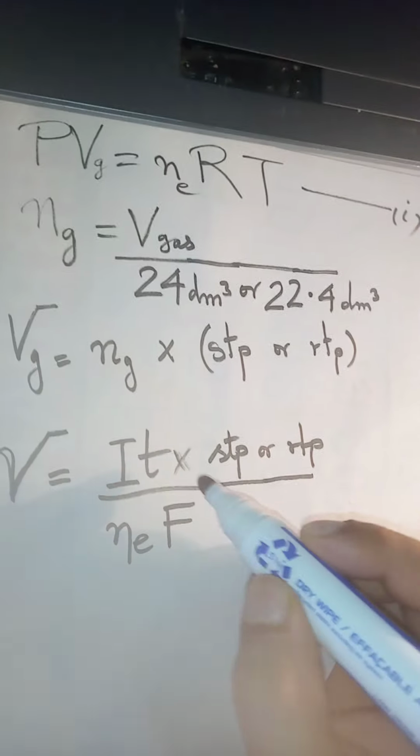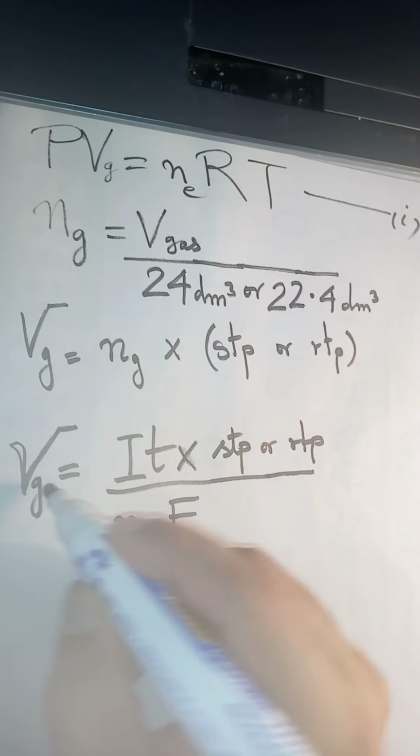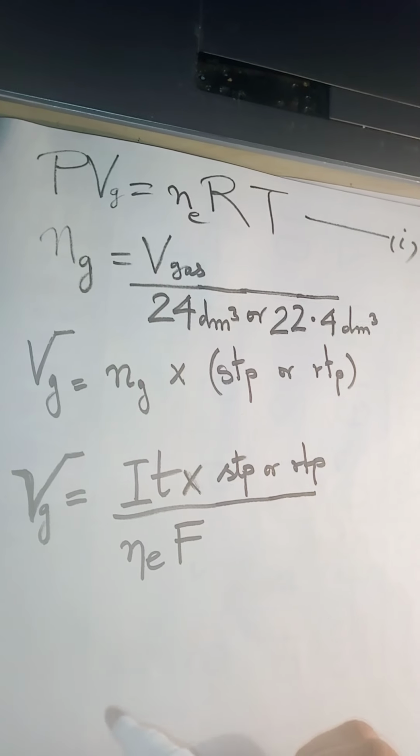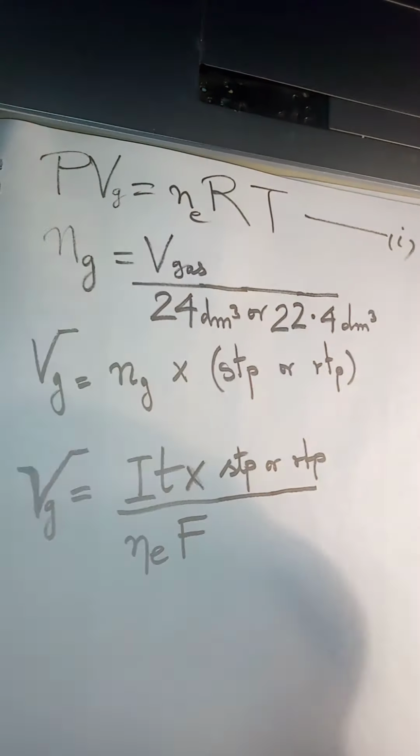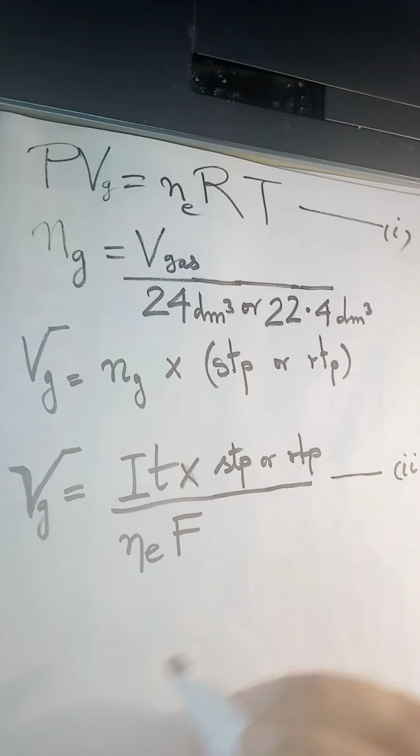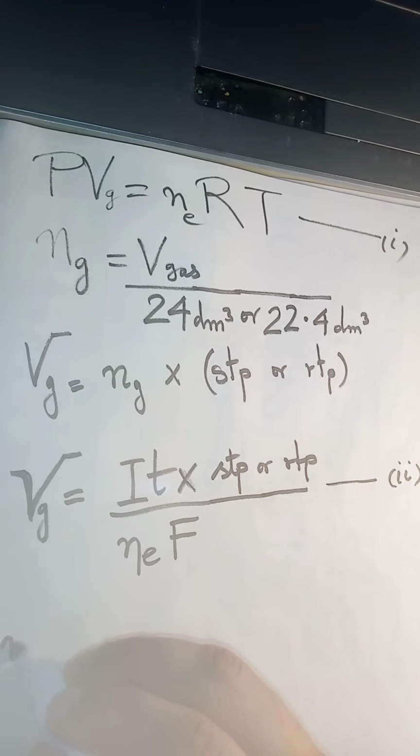Now this is how you're supposed to calculate the volume of gas coming at an anode or a cathode, and when in trouble you'll have to use this formula and equate it. So you'll have to equate 1 and 2.